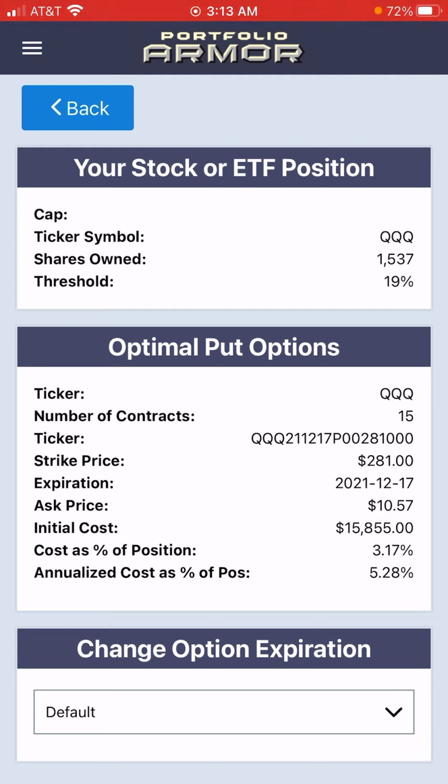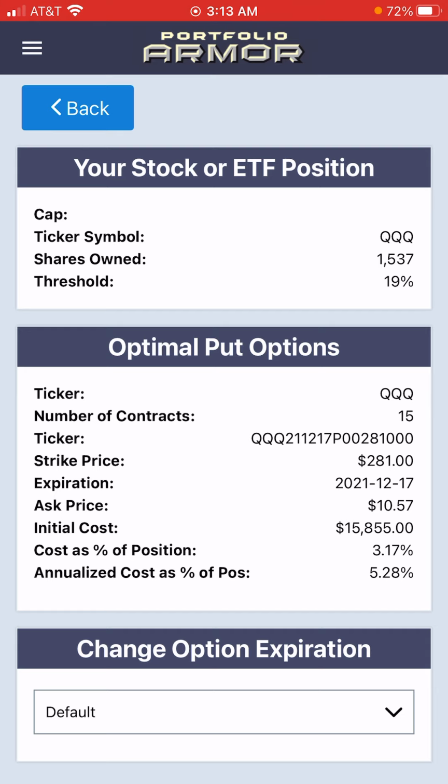Now, to be conservative, that was based on the ask price of the puts. In practice, you can often buy and sell options at some price between the bid and ask. But let's look at a couple of ways we can potentially lower that cost. One thing we can try doing is rounding up the number of shares to the nearest round lot.